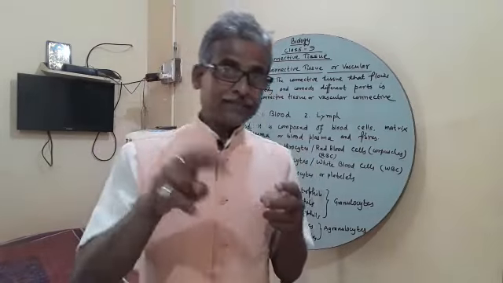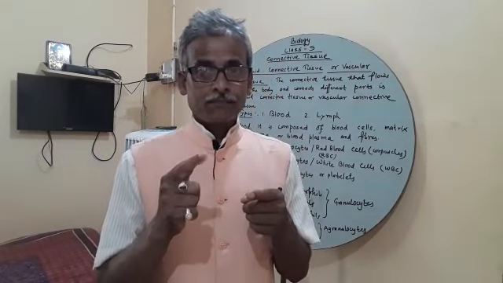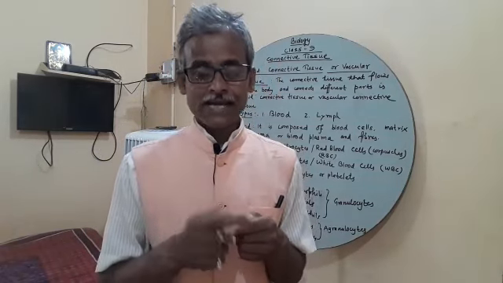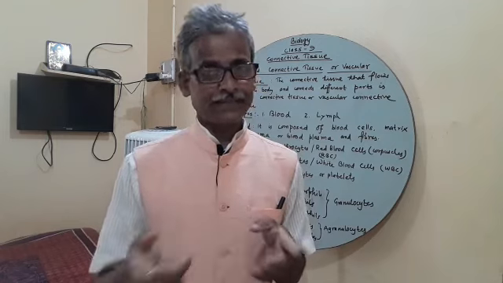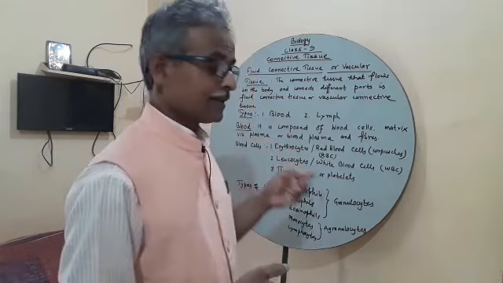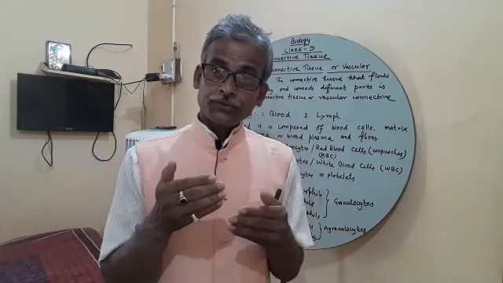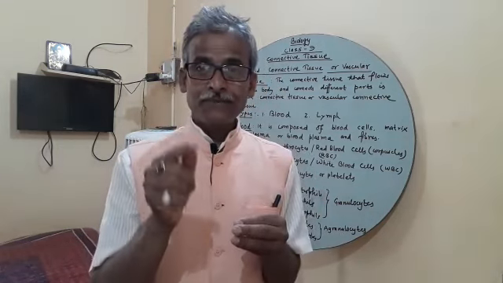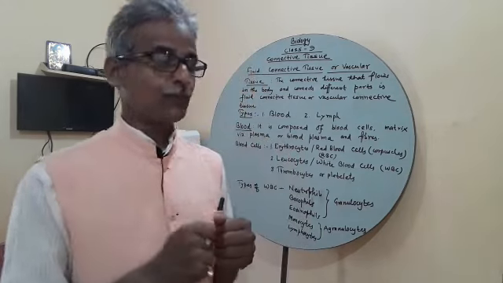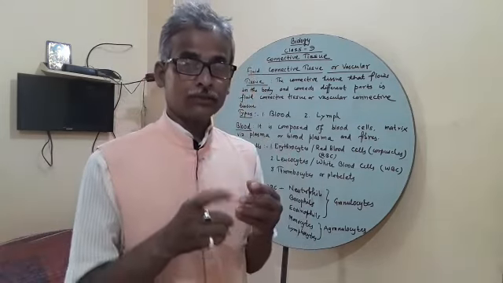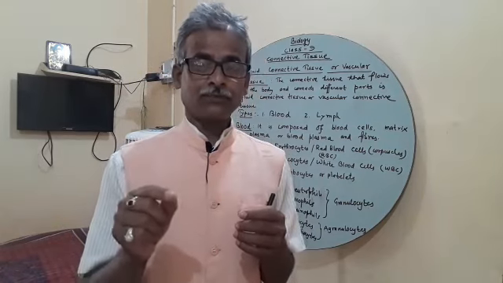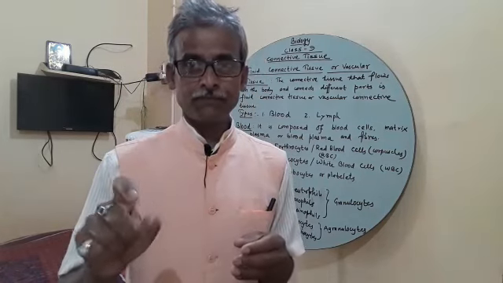So there are three components of blood: blood cells, blood plasma, that is matrix, and fibers. Here, when we study CBC, a complete blood count, it refers to the total number of all types of blood cells in a definite blood volume.